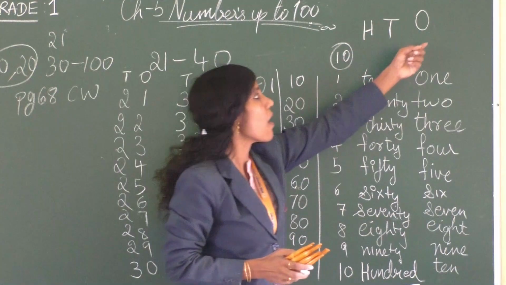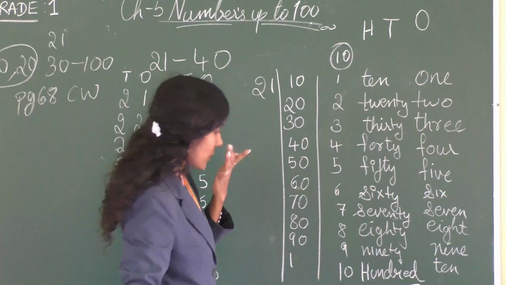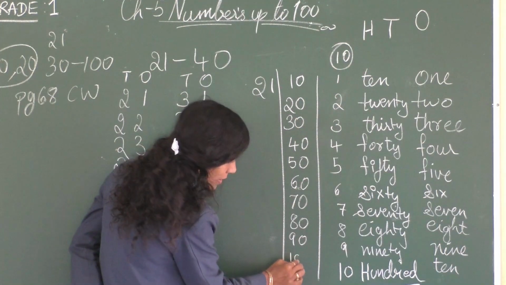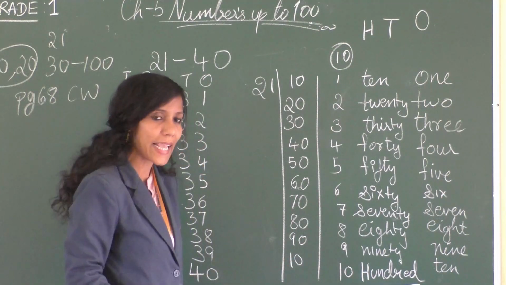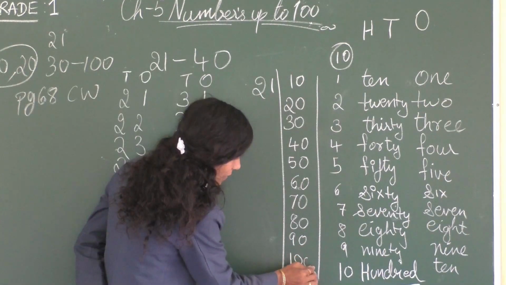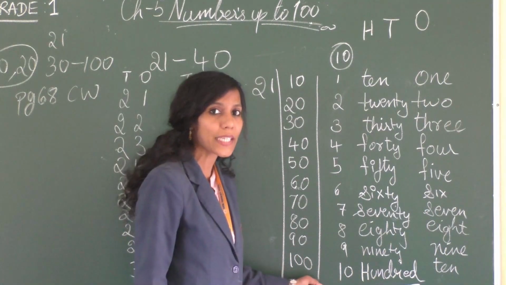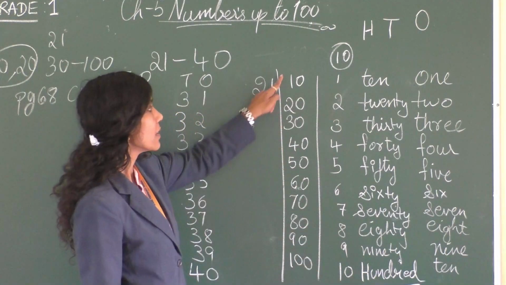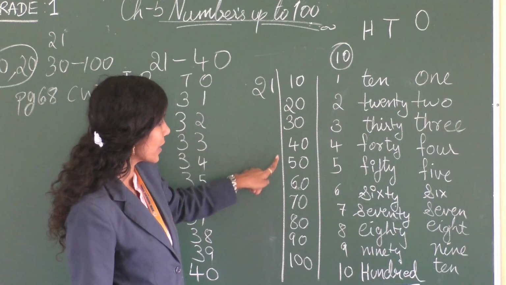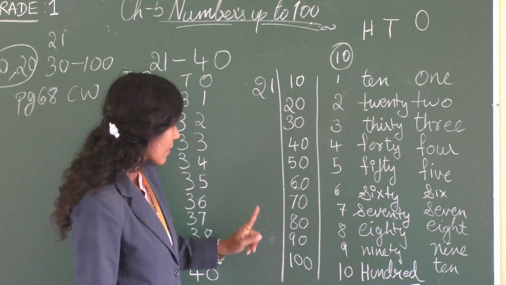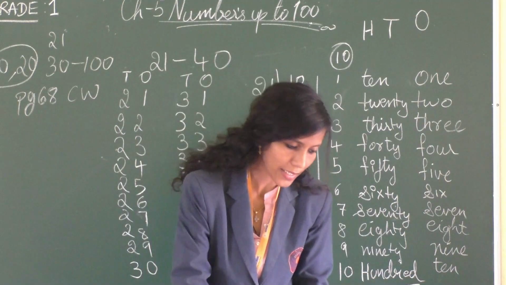So all the rest become 0. We write 1 in the hundreds place, 0 in the tens place, and one more 0 in the ones place. This is denoted as 100. 10, 20, 30, 40, 50, 60, 70, 80, 90 and last 100.